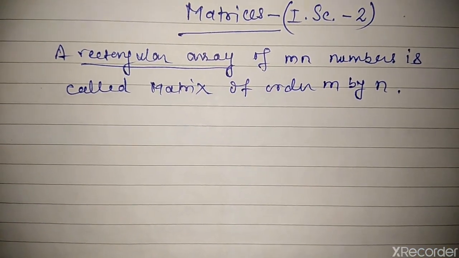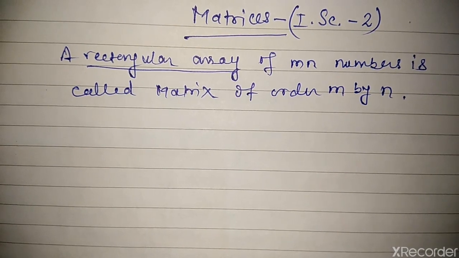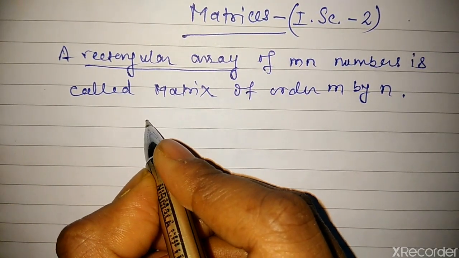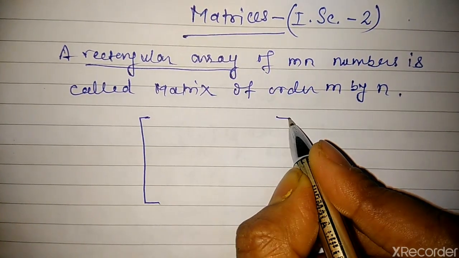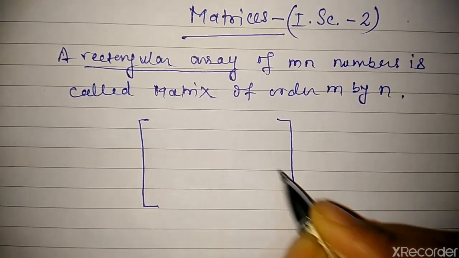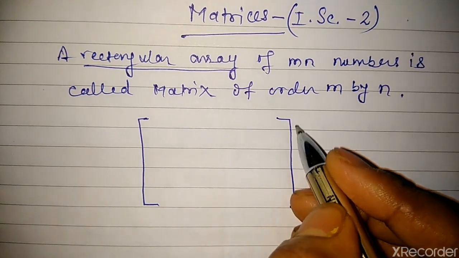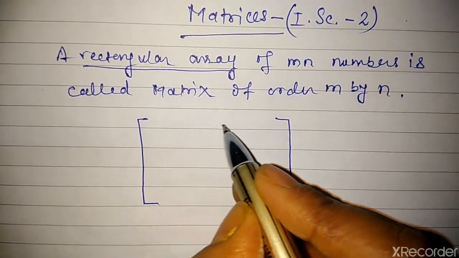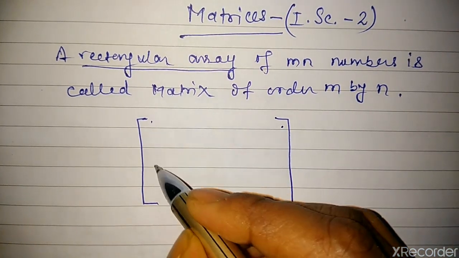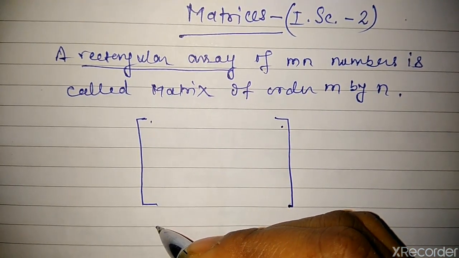So what do we mean by this rectangular array? Suppose we have elements, and we have to arrange those elements in a box, such as this box. So this is a rectangular array, and here we define the numbers in horizontal or vertical lines.